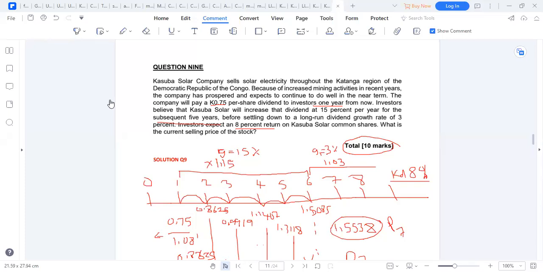If you hear that growth rate will grow for a foreseeable future thereafter, just know that we're going to include Gordon's model. So a growth rate of 3% was perpetual afterwards.